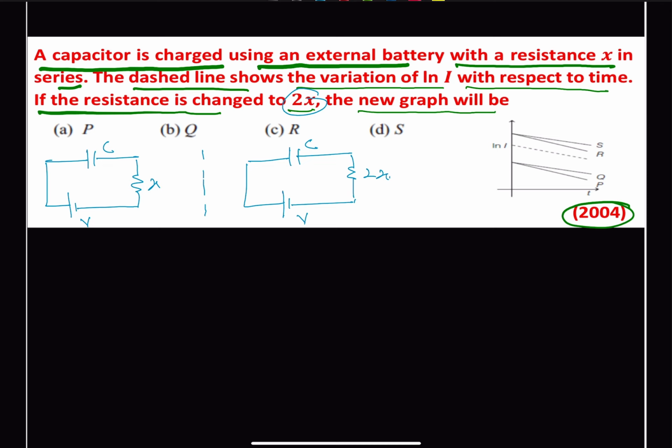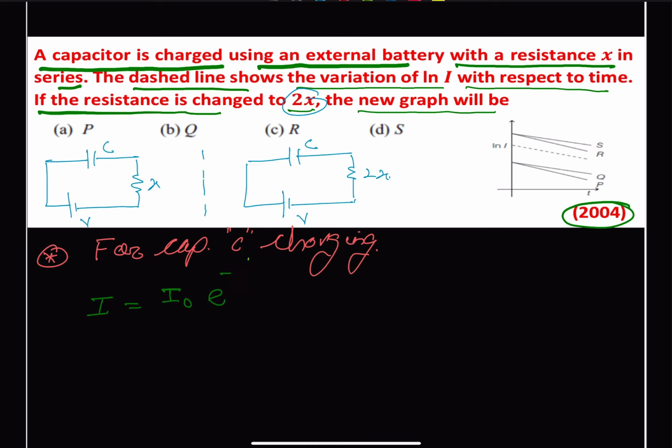We know that for the capacitor C charging, we already know the equation: our I is equal to I naught e raised to power minus t upon RC.